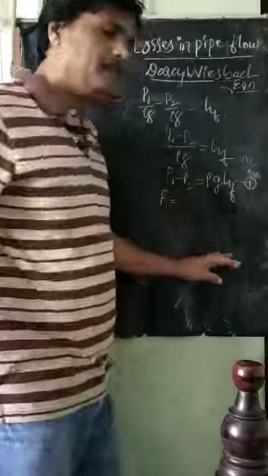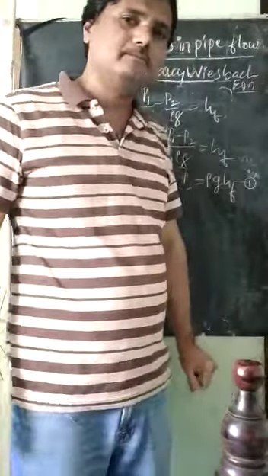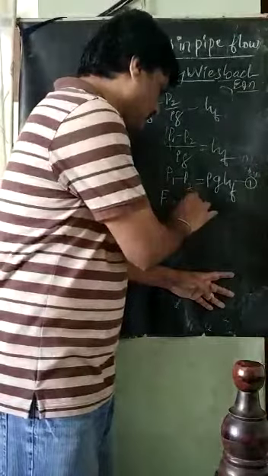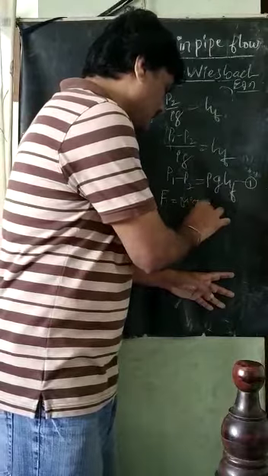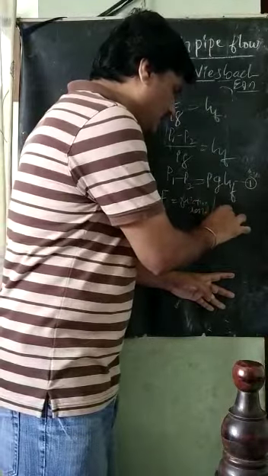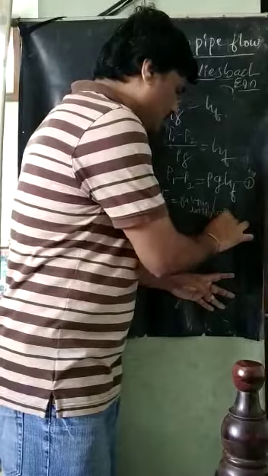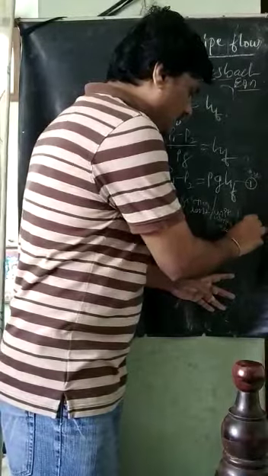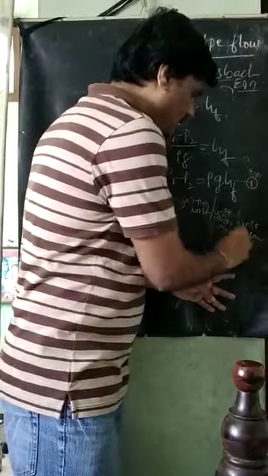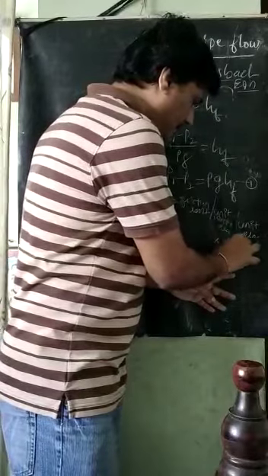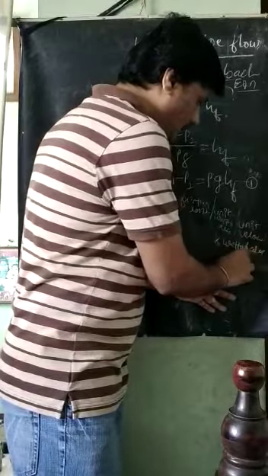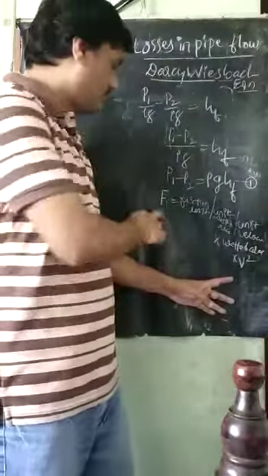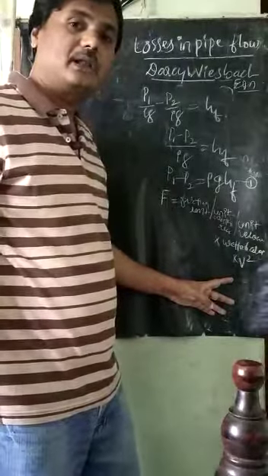Theoretically, it is the frictional resistance per unit wetted area per unit velocity, into wetted area, into velocity square. This is the definition of the frictional resistance capital F1.